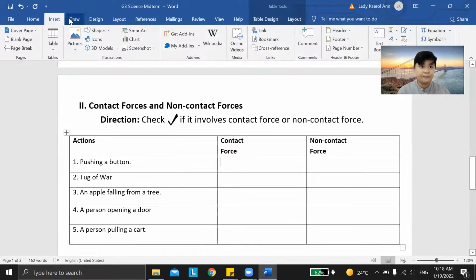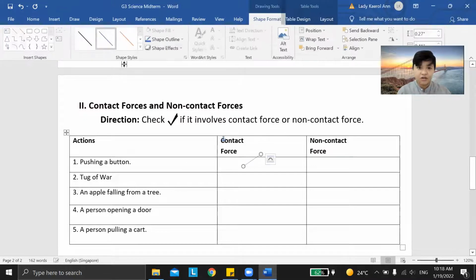For number one, pushing a button. For you to push a button, you have to touch the button. So it involves touch. So it is contact force. Check contact force.